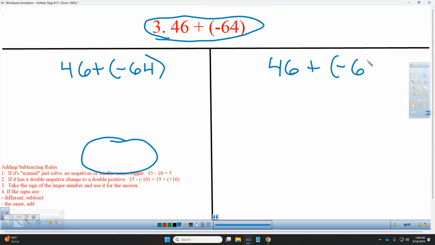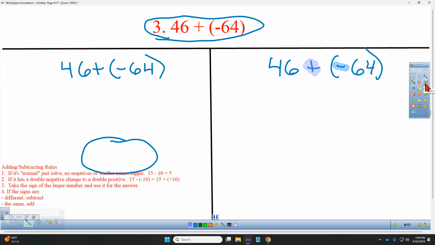So again, I'm going to follow the steps that we set up for adding and subtracting. Is this a normal problem? Nope, because it has a negative right here. Is there a double negative? No, because we have this negative right here, but then we also have a plus. So they're next to each other, but they're not a double negative.